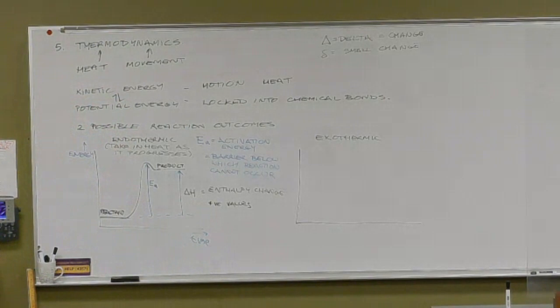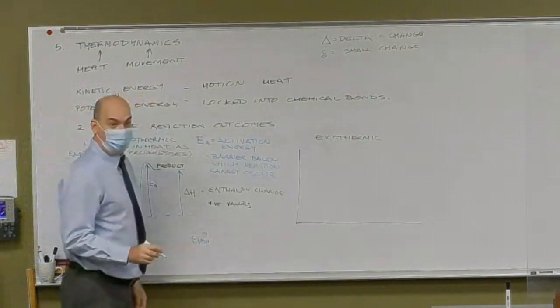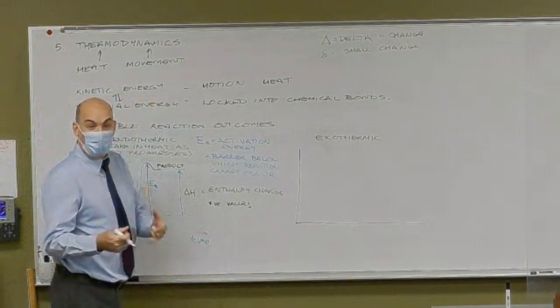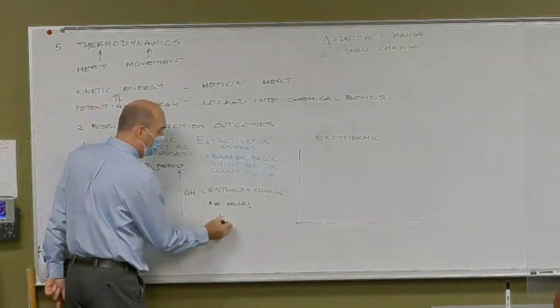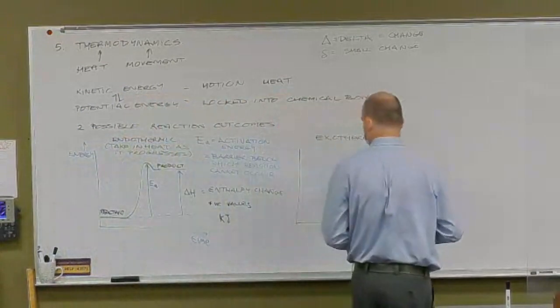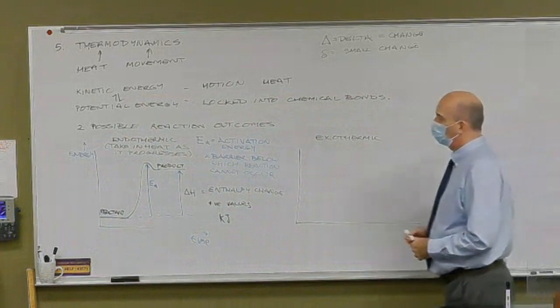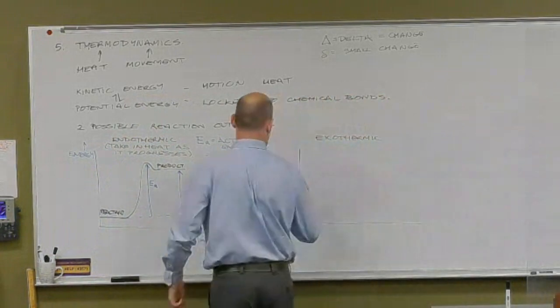What do we measure energy in? Joules. This is going to be big enough that we can measure it with a thermometer. So these are going to be in kilojoules. That is an endothermic reaction. Okay.